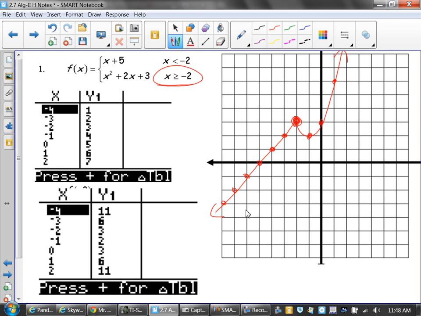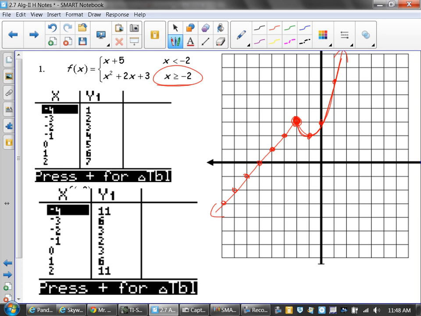So what happens here is that sometimes it's perfectly fine for the intersection of the two graphs to occur where this happens. It just means this domain-specific area, if it's -2 or greater, it's on the curve.